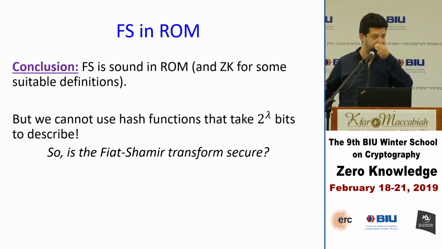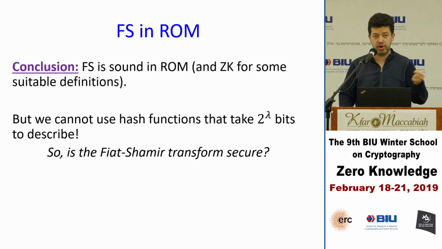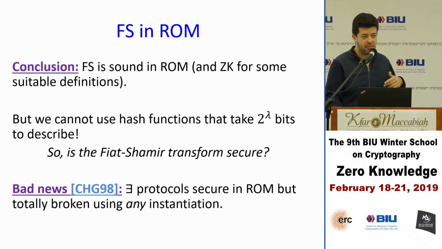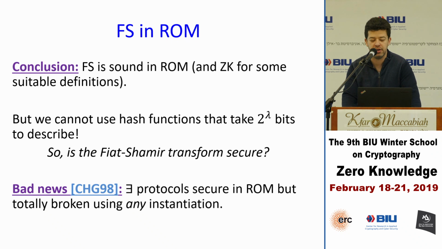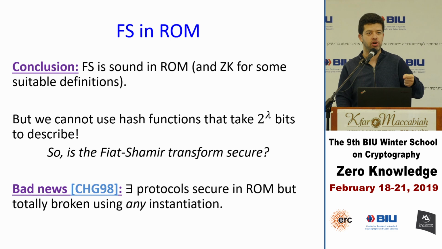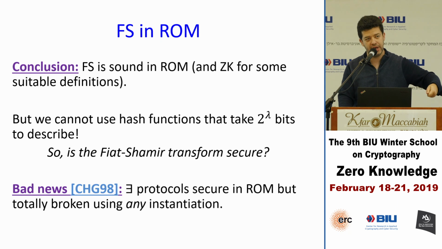So Fiat-Shamir passed this first sanity check, but what about using an actual hash function? What about using AES? And now I have a little bit of bad news to share. The bad news is going to get even worse in a little bit, but it turns out the result of Canetti, Goldreich, and Halevi shows that there exist protocols that are secure in the random oracle model, but if you take any instantiation of the random oracle, meaning replace the random oracle by AES or any hash function that you like, the protocol that you get is totally broken.